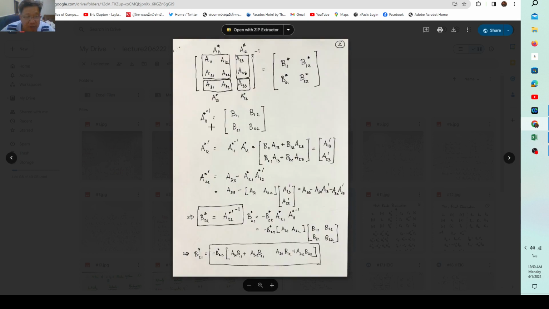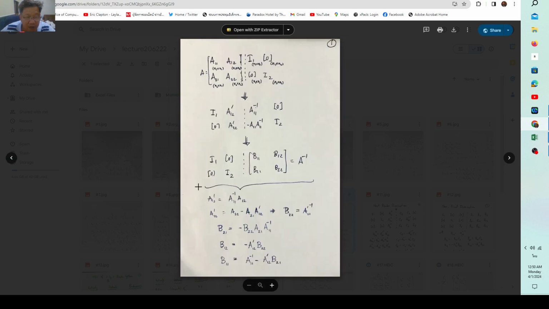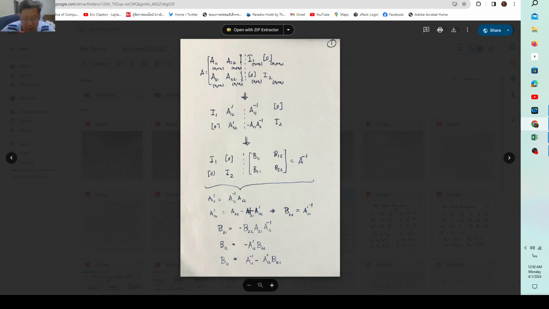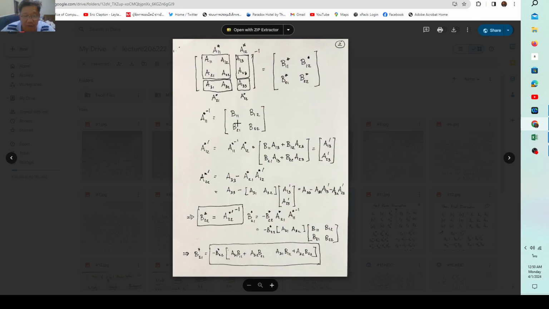So the first step is that you need to find A11 star inverse first. Remember this one? If you have this, the first thing you need to do is find A11 inverse. Again, you need to find A11 star inverse. But A11 star inverse is a 2 by 2 system, which you already have this formula to find the inverse in the partition form.